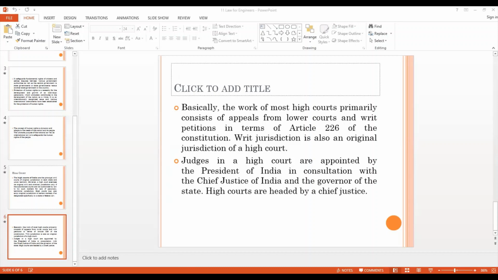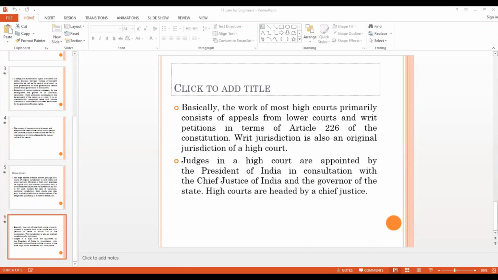There are some other topics to know. I have told you that there are 25 high courts in India, and out of 25, 6 have control over more than one state or UT.